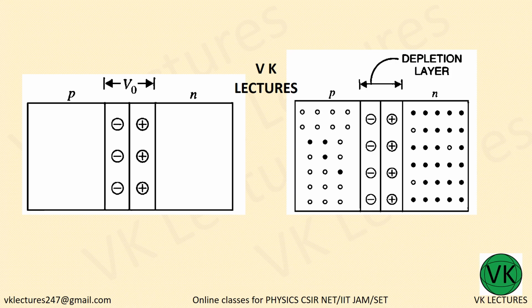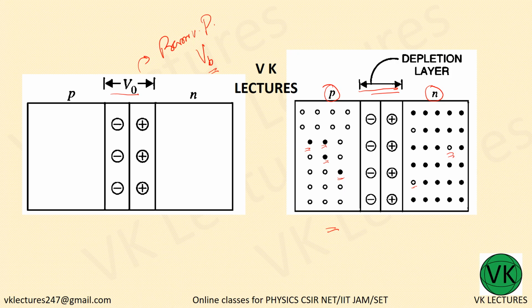Next one. So once we have created a PN junction, we have a region where there is V naught. This V naught is nothing but the barrier potential, or you can write VB. And this region is the depletion region. Now in the given figure, you can see some of the electrons are in the P region and some of the holes are in the N region.